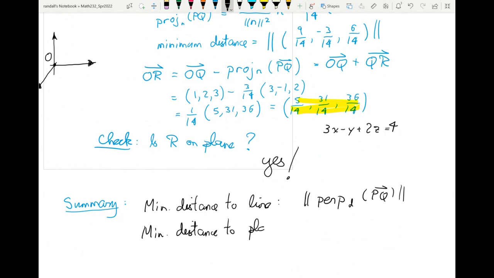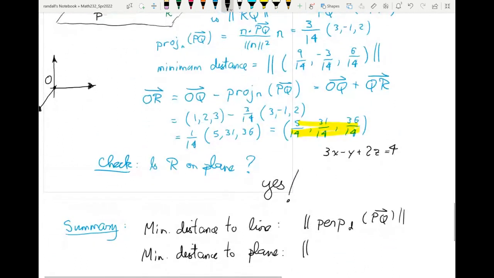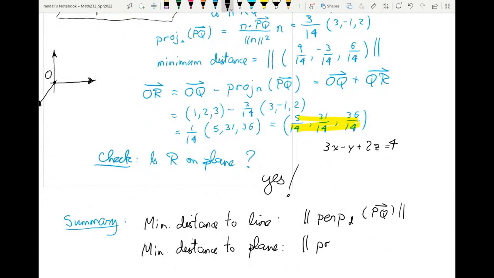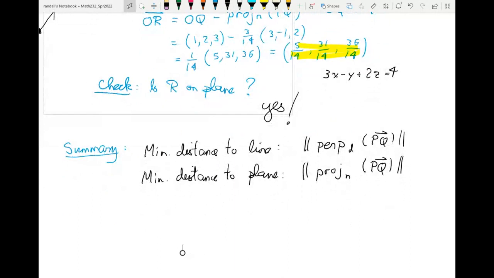And the minimum distance to a plane, which we've just finished here, was the norm of this vector, which was the projection onto n of PQ. Now these are the 2 formulas that I've used here, and you'll see in the textbook. I want you to look closely at those, and it'll help you understand what's going on.